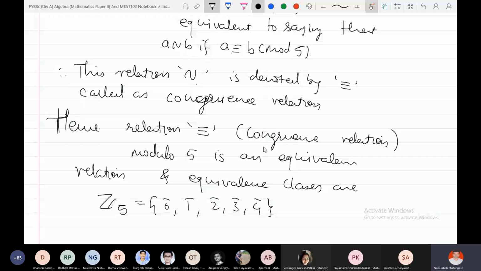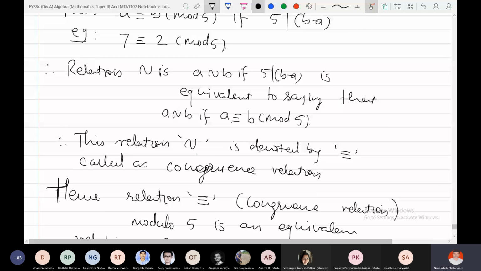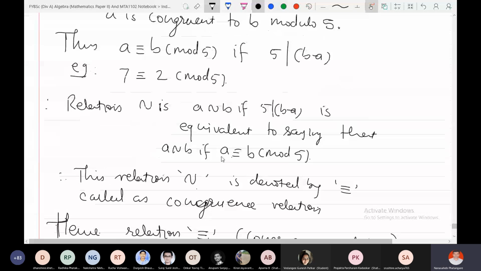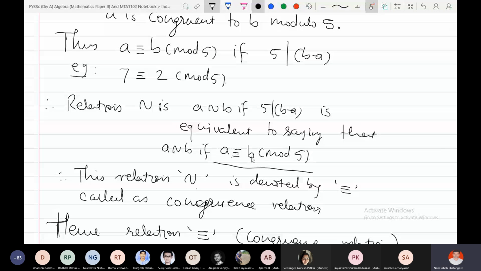When two integers are related if their difference is divisible by 5, that is my relation. So I am calling this a congruence relation. Congruence means the difference is divisible by 5, and this is the symbol for the congruence relation. a congruent to b modulo 5 means 5 divides a minus b or b minus a, same thing.